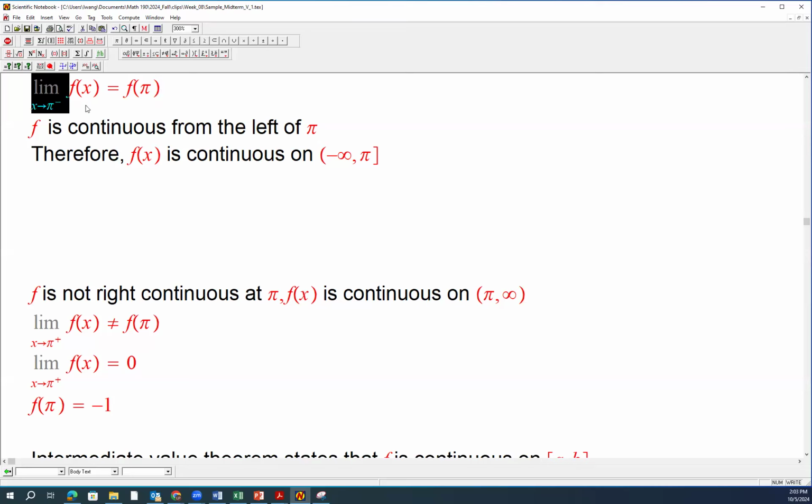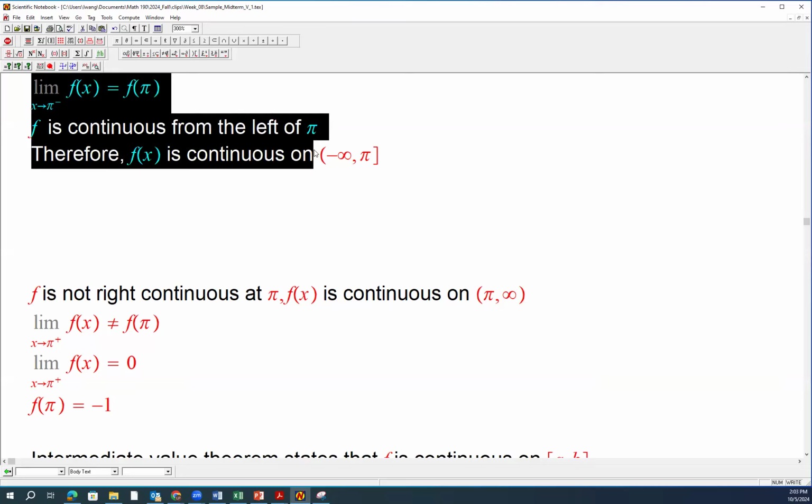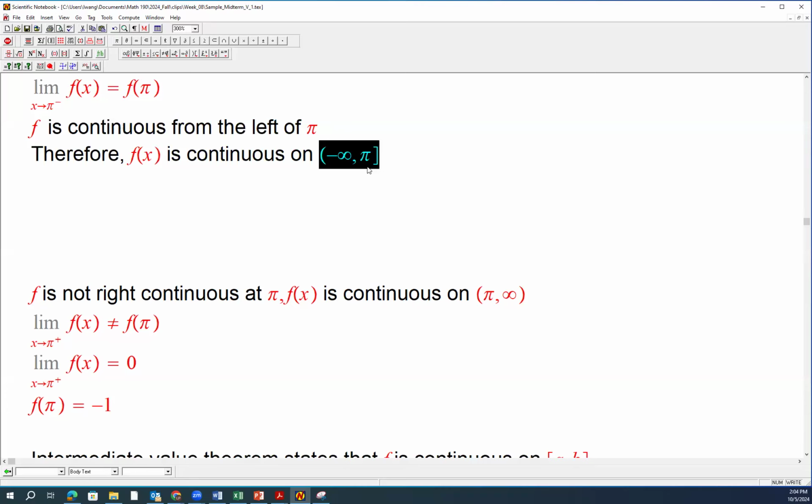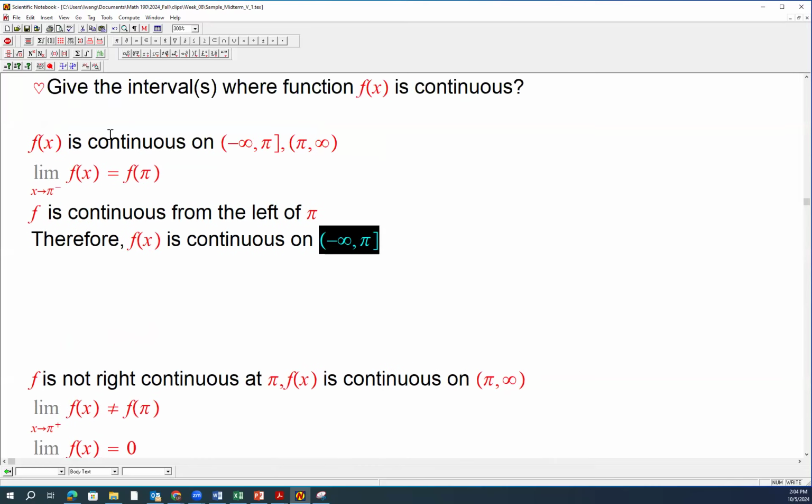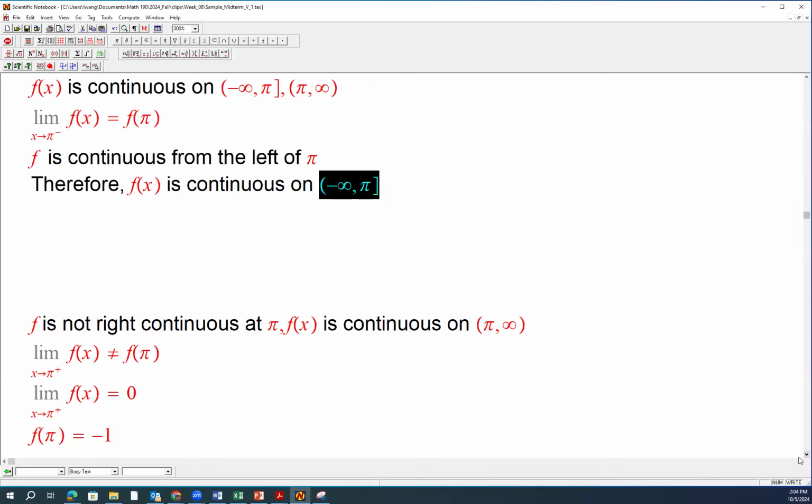So to answer, y is continuous on this interval, that's what you need to say. You need to indicate it is continuous on that interval, okay? All right.